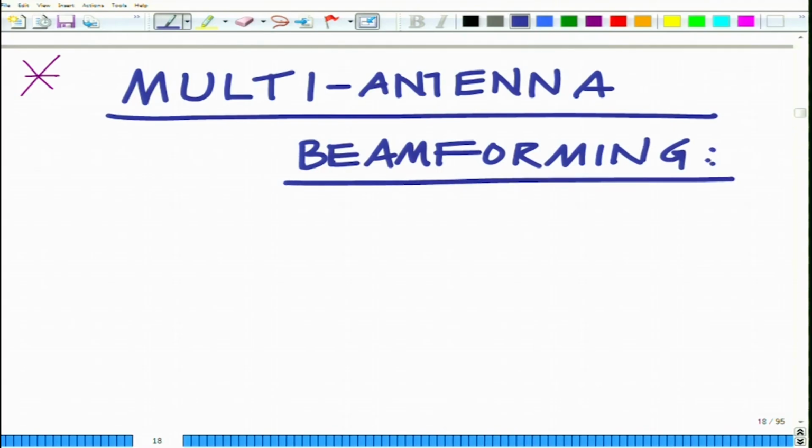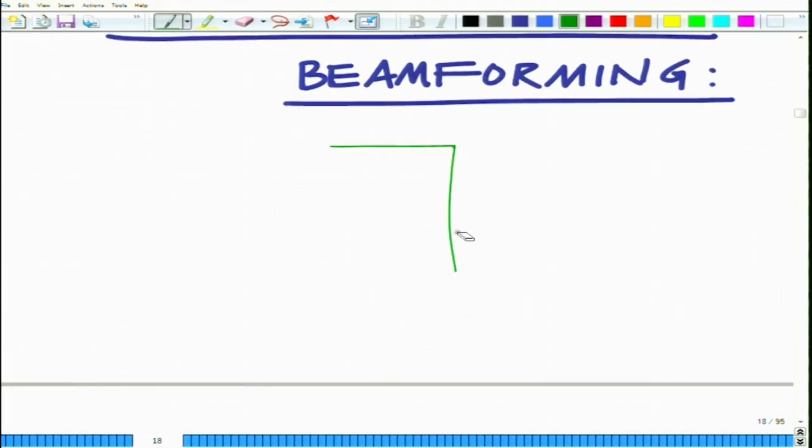And what happens in multi-antenna beamforming is basically you have a receiver with multiple antennas, and let us say this is a wireless receiver in a wireless communication system, and you have multiple antennas.